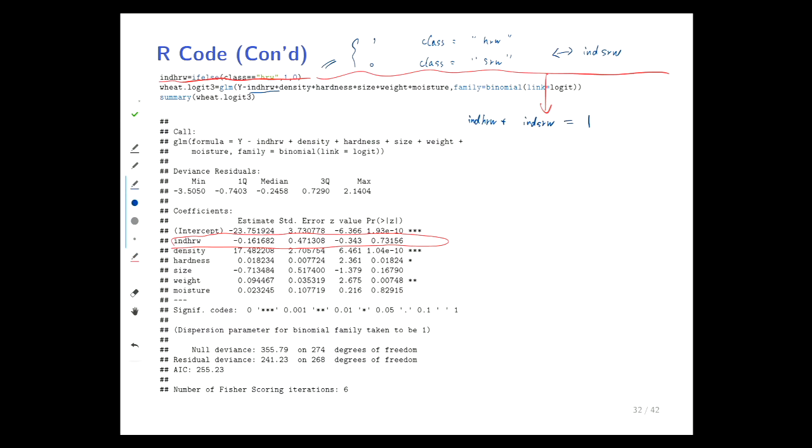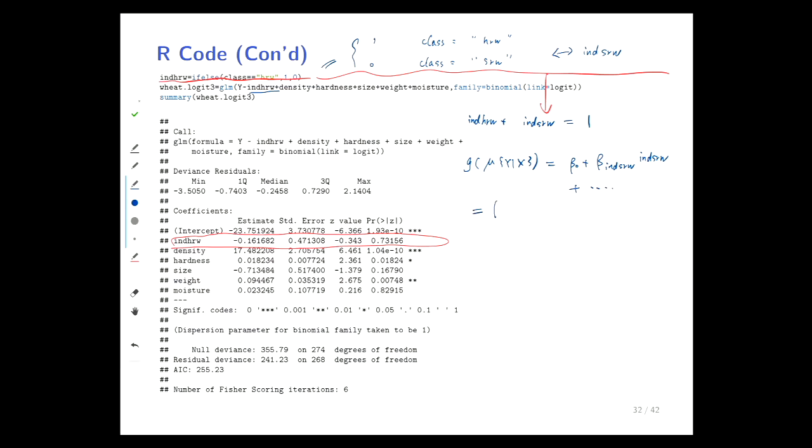So that's the relationship. If we have the generalized linear model, g of mu of y given x equals beta 0 plus beta INDSRW times INDSRW plus so on and so forth, that's our regression model.